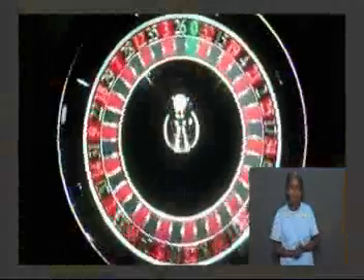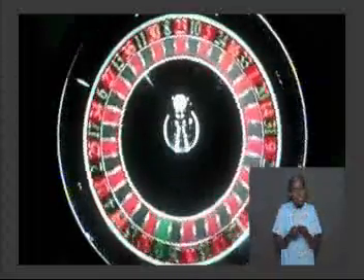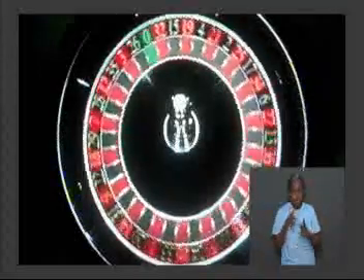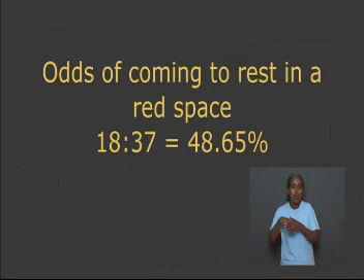The chances of the ball coming to rest on a red position are easy to calculate. There are 18 red positions on the wheel and 37 total positions. That means that the odds of the ball coming to rest on a red position are 18 in 37, or 48.65%.